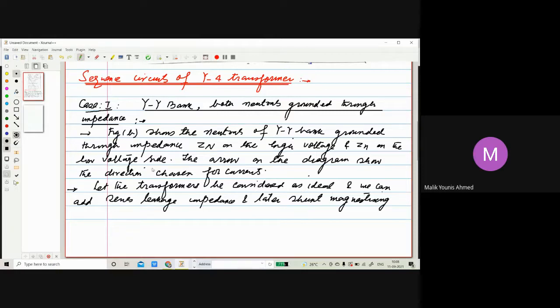Shunt magnetizing current can also be included if it is necessary. Normally, we don't include these things.